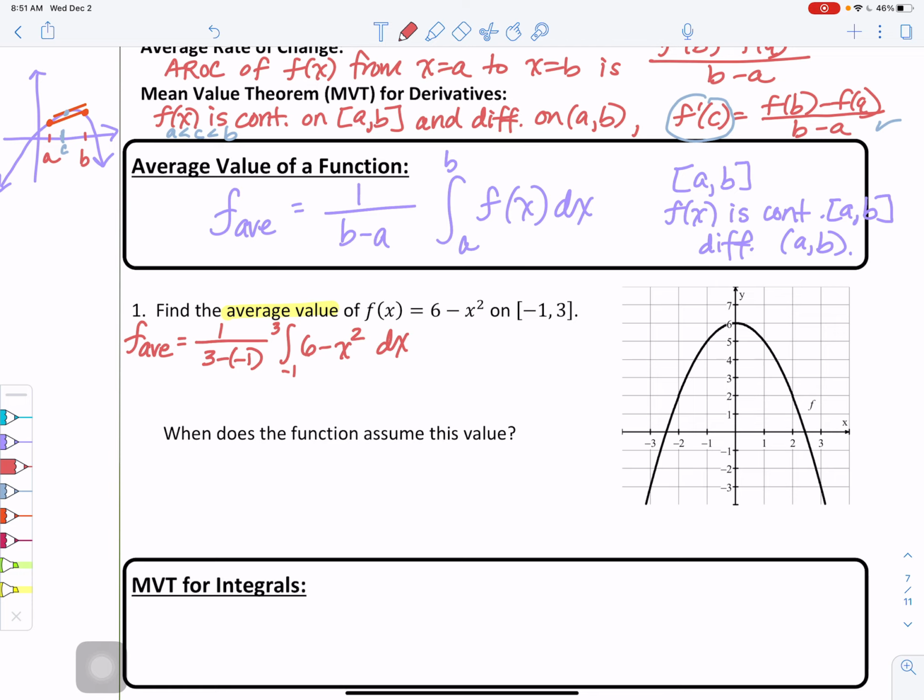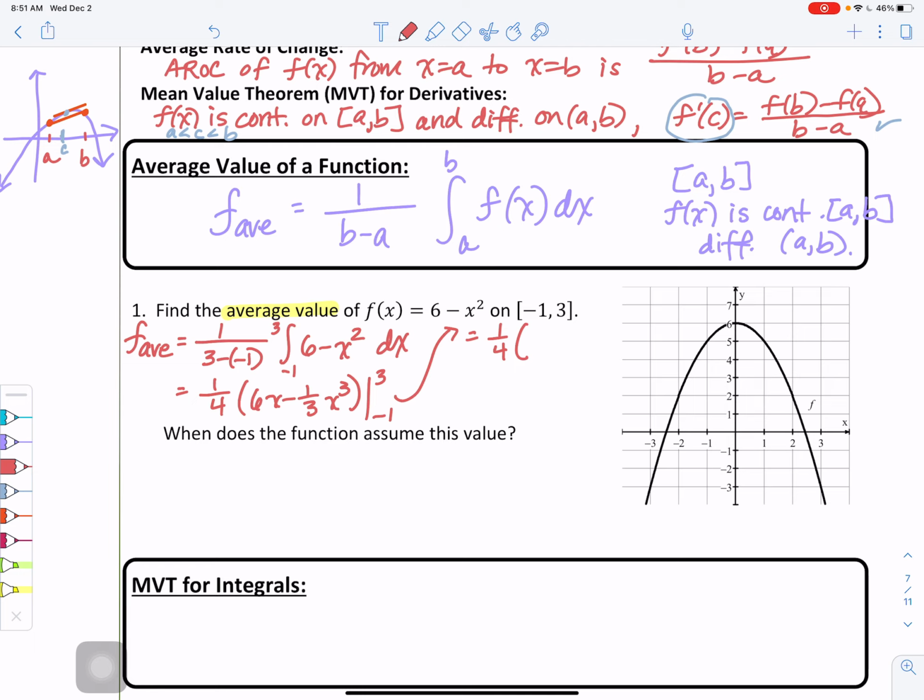Let's go ahead and find that. That's 1/4 multiplied by 6x minus 1/3 x cubed, evaluated from -1 to 3.